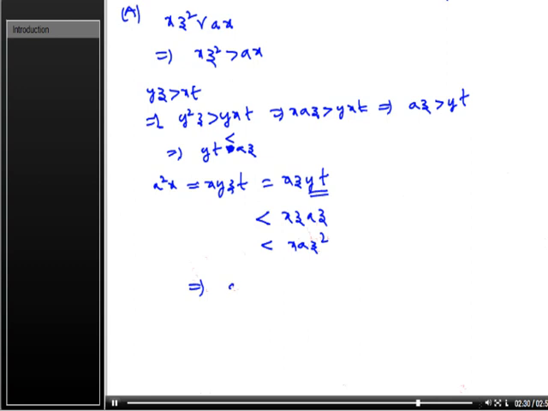That implies AX less than XZ square, meaning cancelling A on both sides. This implies XZ square greater than AX. Hence, we got choice A as the answer. Therefore, choice A implies from the given statement.